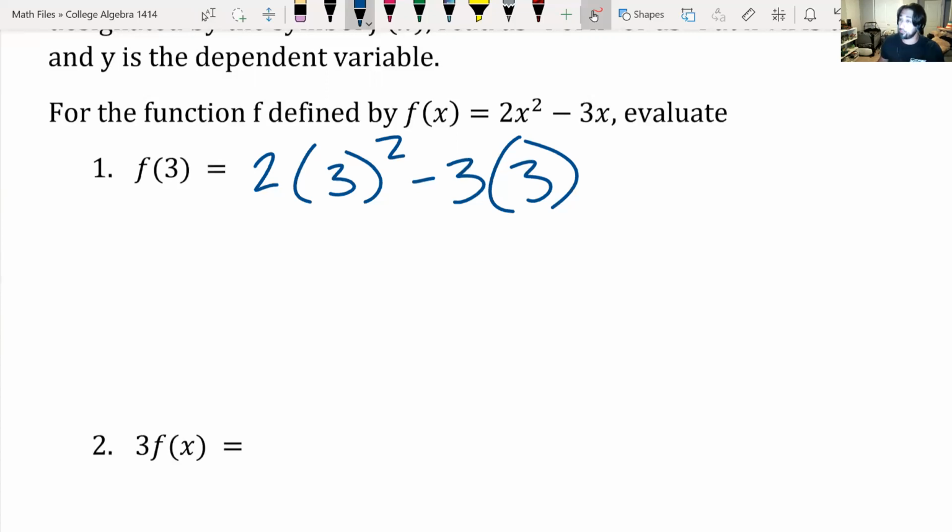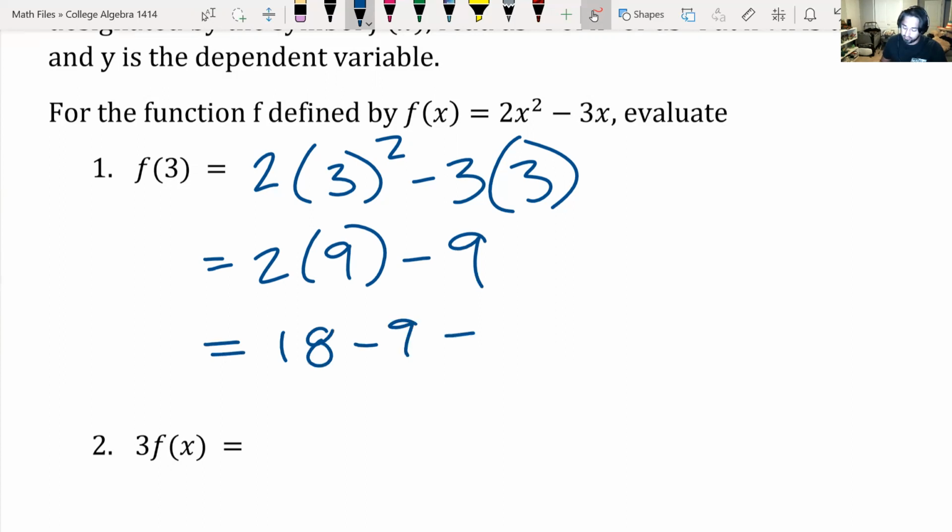We have now substituted. So then we will now simplify. 3 squared is 9. 3 times 3 is 9 with a negative in front. Then you'll get 18 minus 9, which will give us 9.